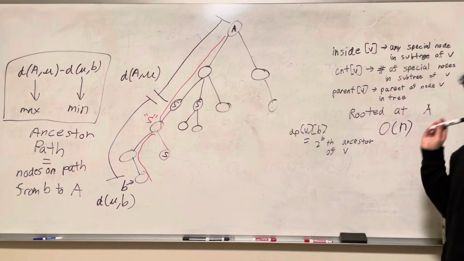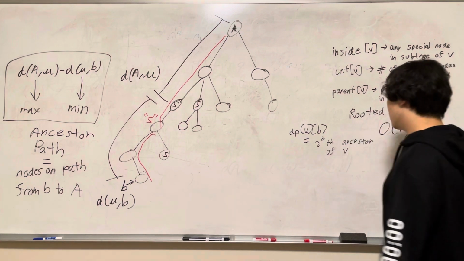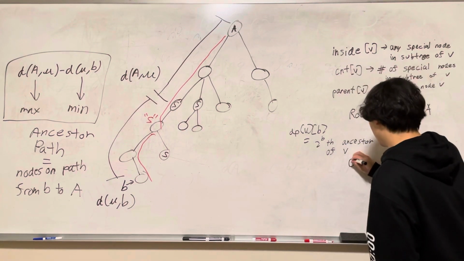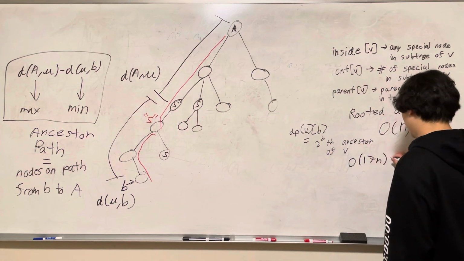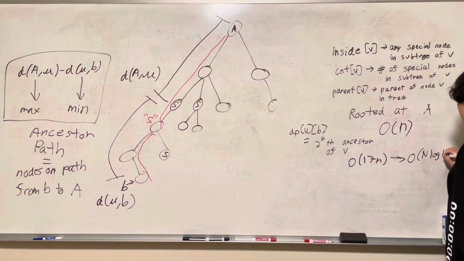And because n is, I believe, at most 200,000, that means b would have to be at most 17. And so this is O of 17n, which in other words is O of n log n.